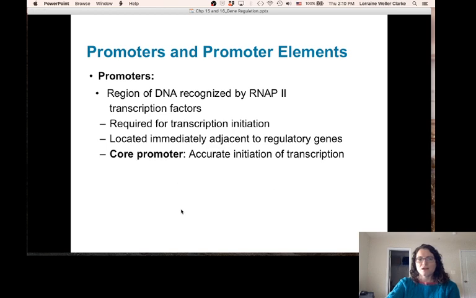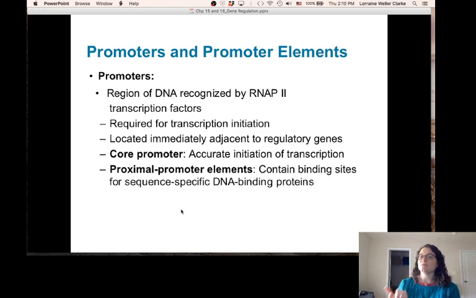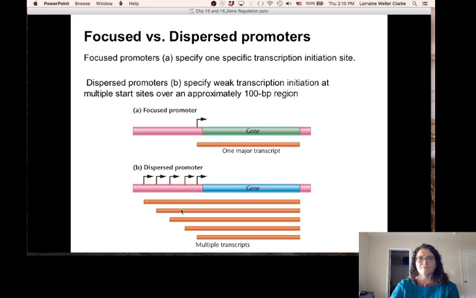All right. So you've got both the core promoter, which helps to initiate the transcription, but also the proximal promoter elements, those binding sites for sequence-specific DNA binding proteins, and that has to do with all the activators and other pieces, okay? And then there's also an interesting piece: this is sort of a different way of alternative splicing, if you will. The idea is that focused promoters specify one specific transcription initiation site.